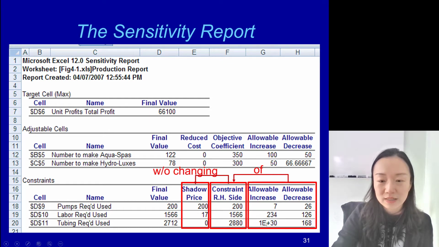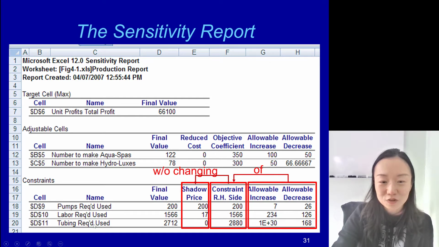What it tells us is that you can keep increasing the availability of tubing, and it's not going to have any impact on your objective function value because the shadow price is 0. So you increase 1 unit, 2 units, all the way to infinite units of tubing, the objective function value will increase by 0. Makes sense, right?